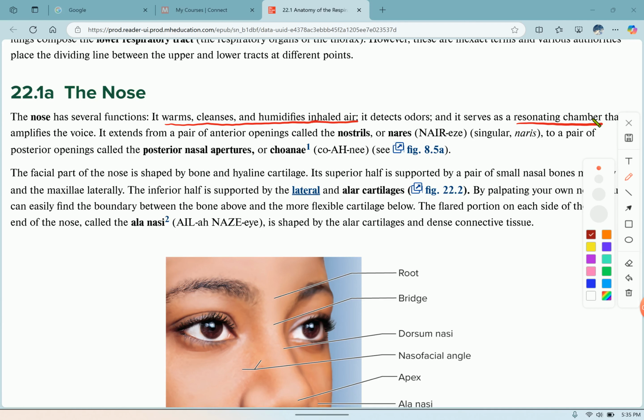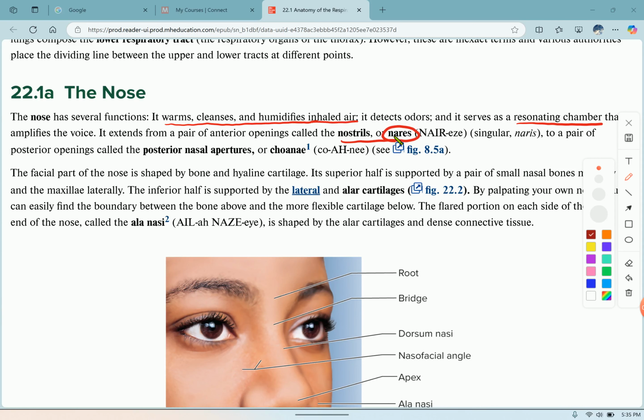So if you've ever had a nasal or sinus infection, you can tell you sound funny. It's because of the inflammation and swelling inside. The air isn't resonating properly, so that's one of the reasons you sound funny if you're sick with an upper respiratory infection.